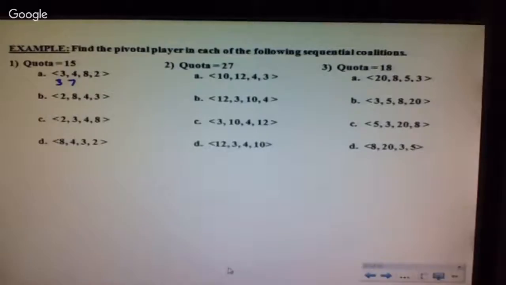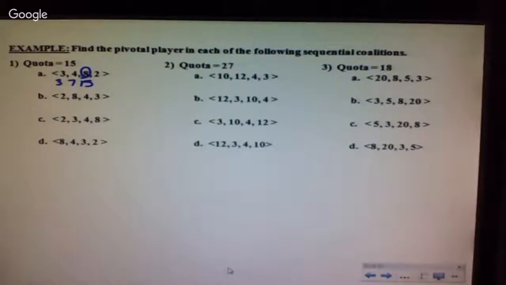Still not there yet. When I add 8 in, though, I'm at 15. 8 is my pivotal player, the number that makes it win. So you start from the left and add until you hit 15 or higher and circle or underline or highlight.